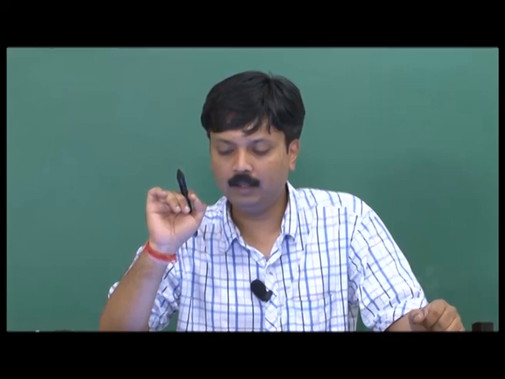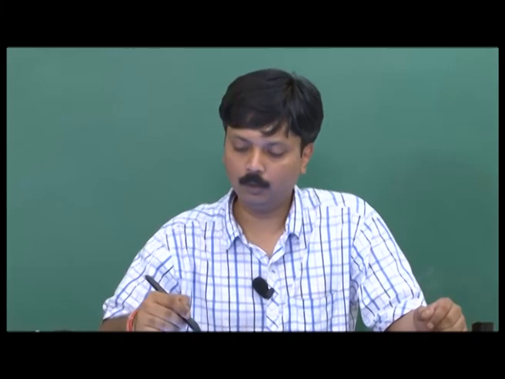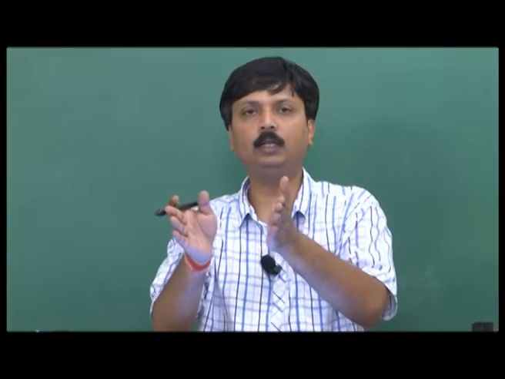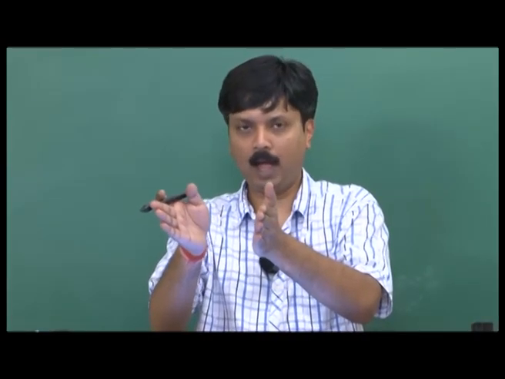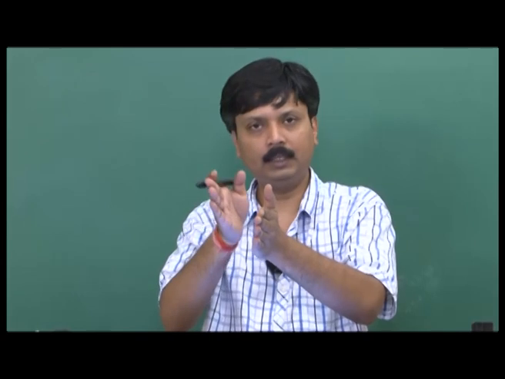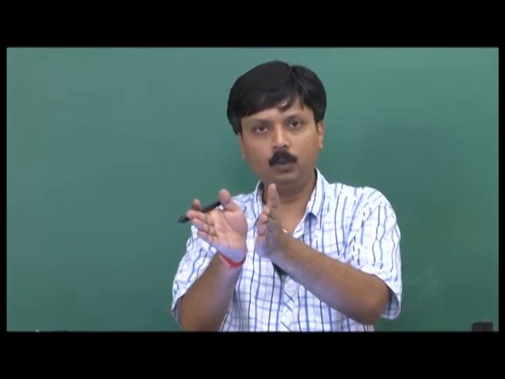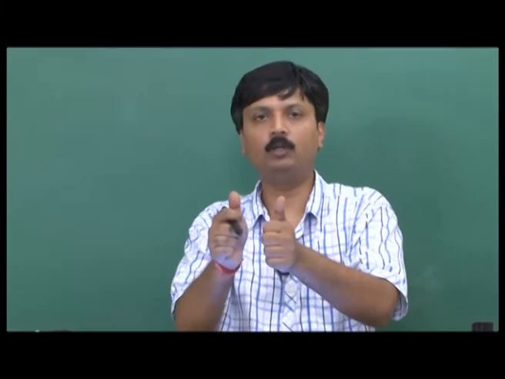Do I have a sigma d? Yes, I do. Any of these sigma d's can be found very easily, because I have the C2s now. If I take any two adjacent C2s, and you have a plane which contains the principal axis of symmetry and bisects the angle formed by two C2 primes, you have got your sigma d.